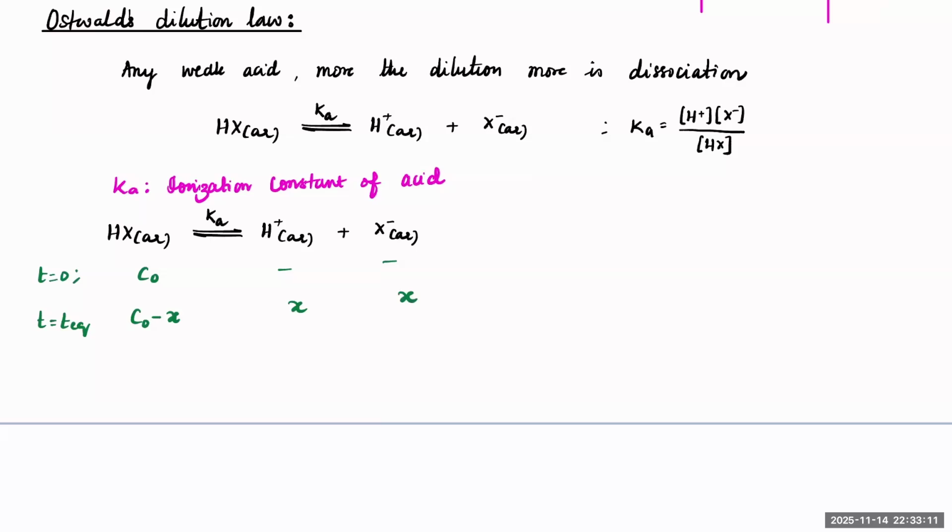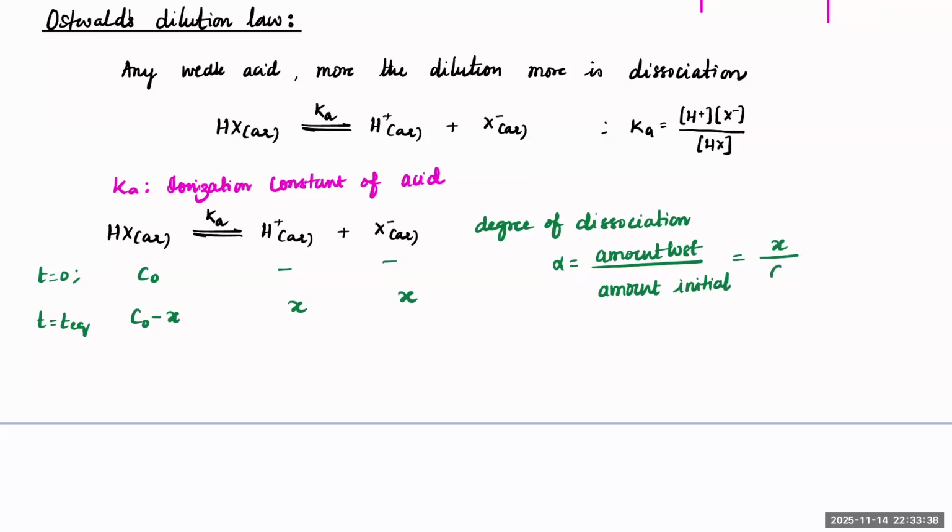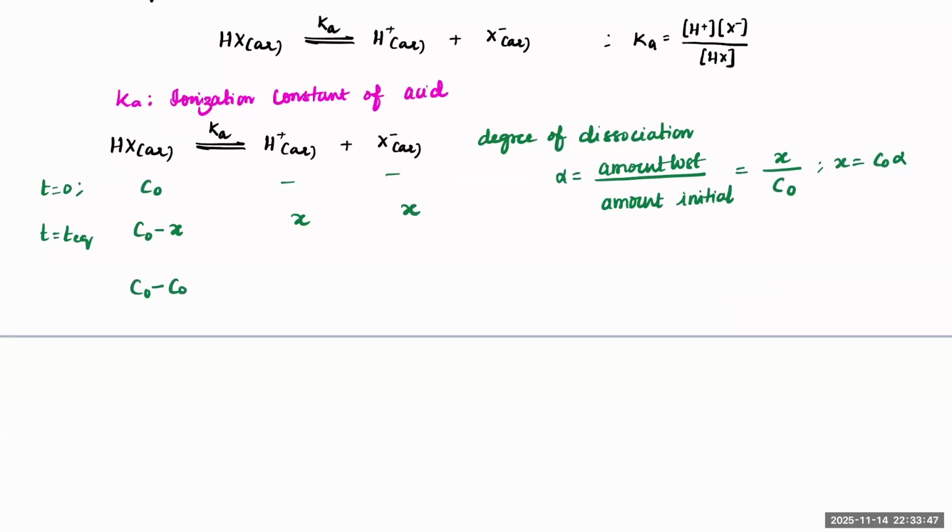If you recall from chemical equilibrium, the degree of dissociation alpha is equal to the amount lost divided by the amount initial. Here the concentration lost is x and the initial concentration is C naught, so x can be written as C naught alpha. So C naught minus C naught alpha for HX, and C naught alpha for each ion.